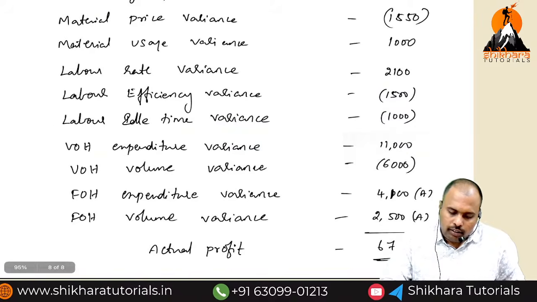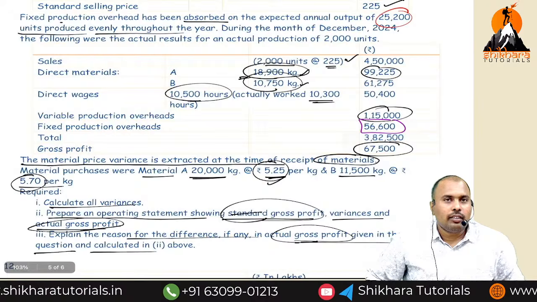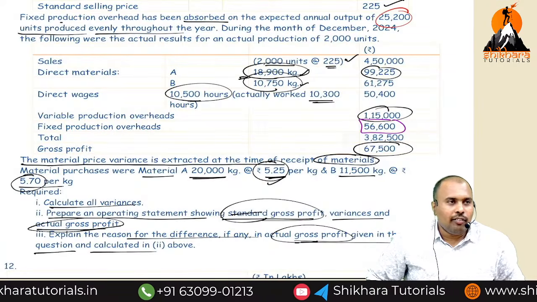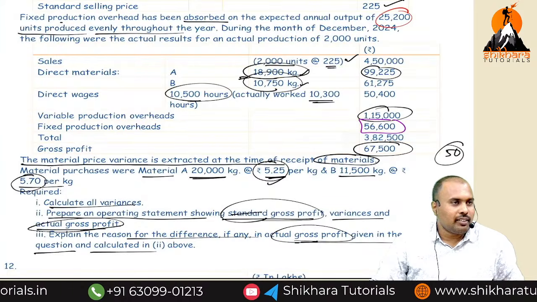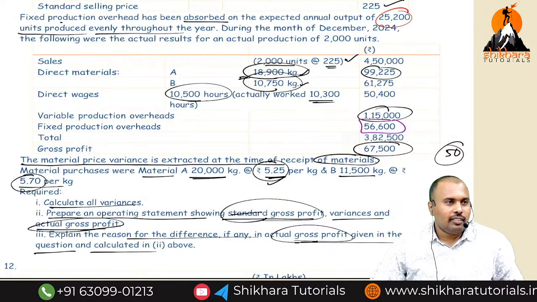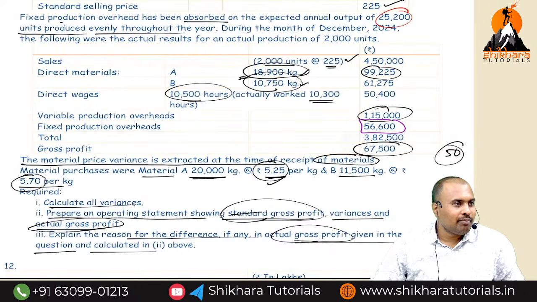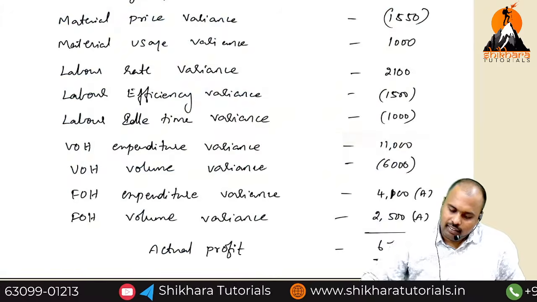Understood? So what is actual profit? Tallying or not? Not tallying. Why? There is a difference of 50 rupees. Where did we miss?